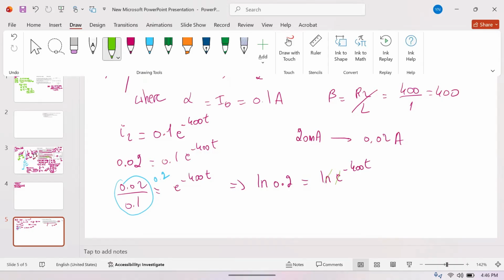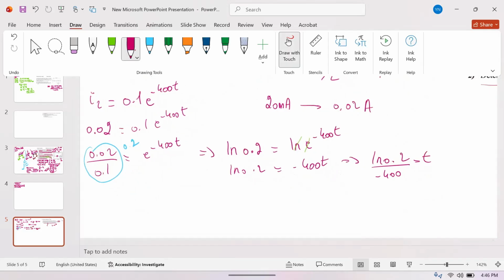Then log and e cancel each other out. We will get log of 0.2 equals minus 400t. To get t, we will have log of 0.2 over minus 400 equals t, which is approximately 4 times 10 to the power minus 3 seconds.